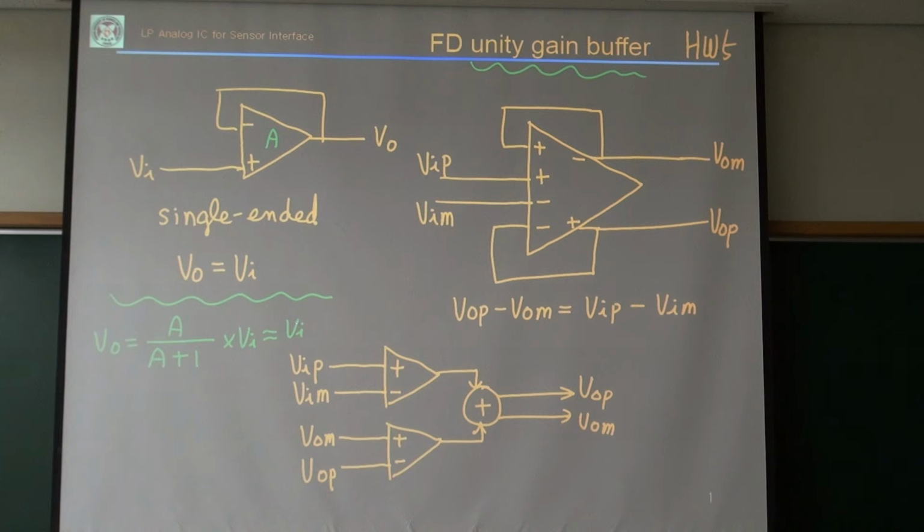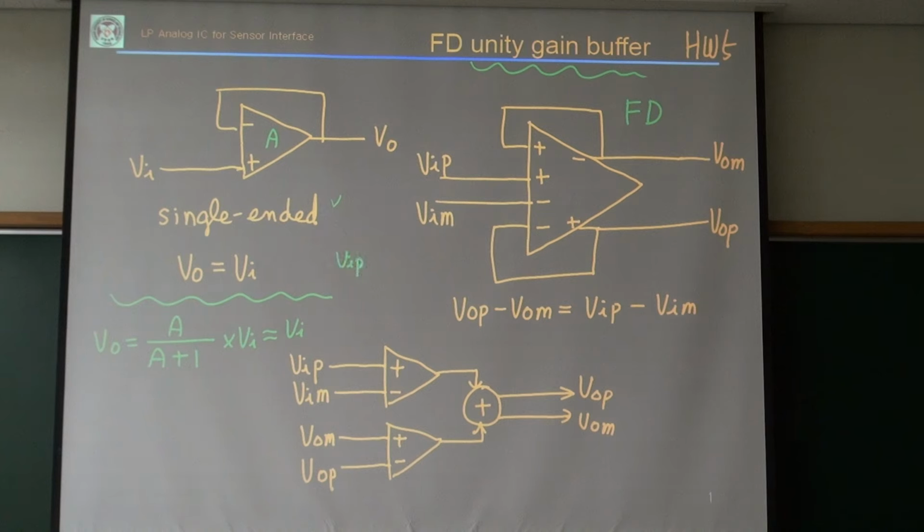Similarly, in a fully differential version, we want a unity gain buffer. We cannot make it this way. If I just copy this into a fully differential version, it's very weird.